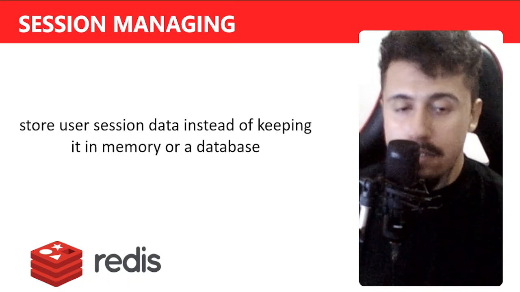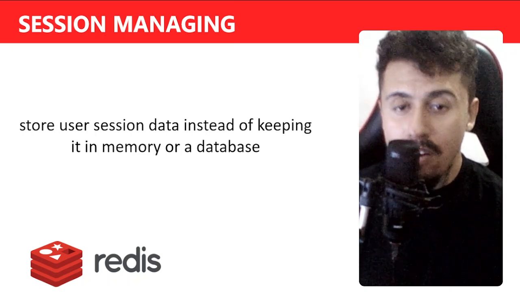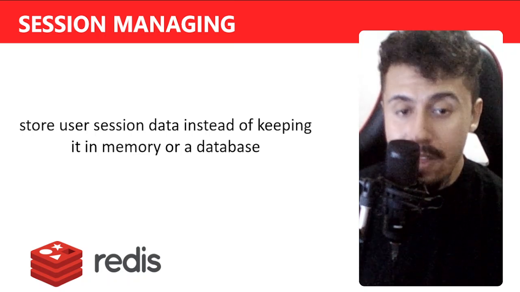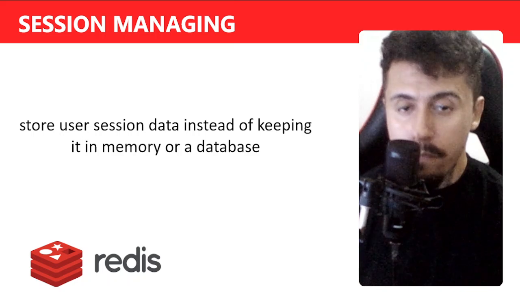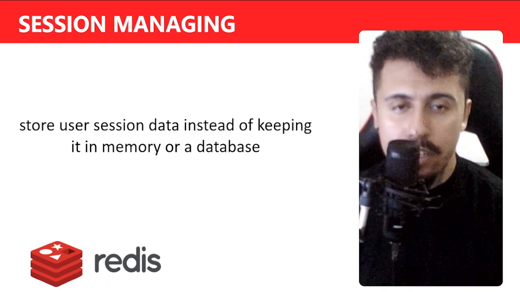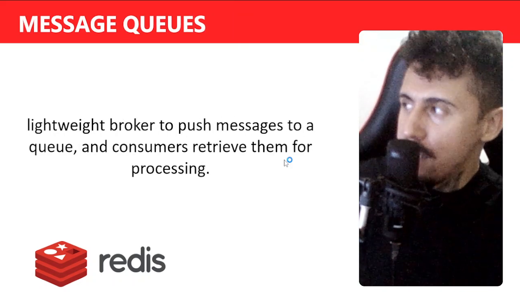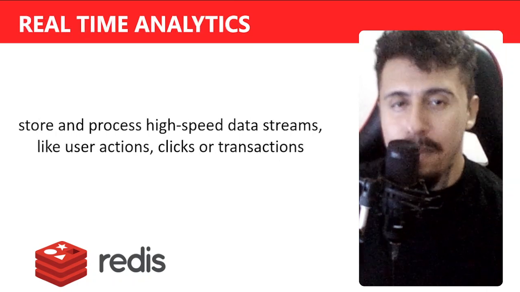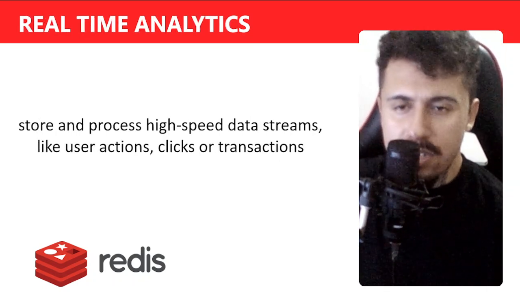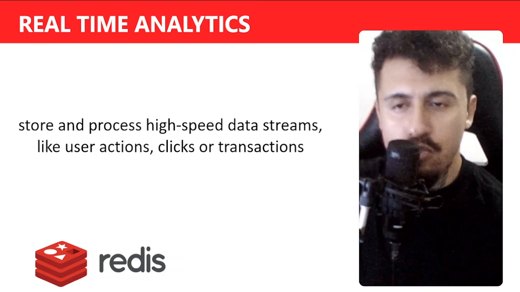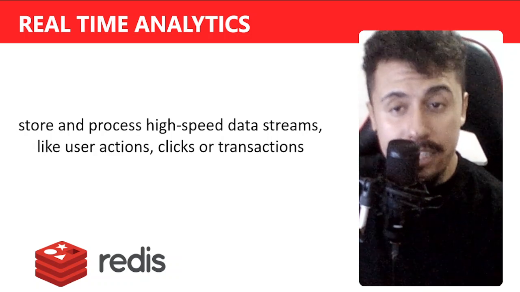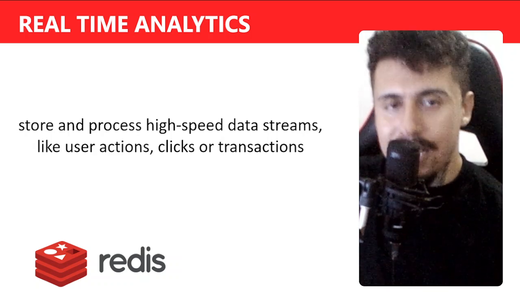Let's move on because we have a lot of things to cover in this course. Another solution we can use Redis to implement is real-time analytics. We can store and process high-speed data streams like user actions, clicks, or transactions.